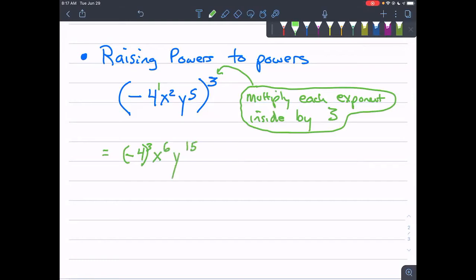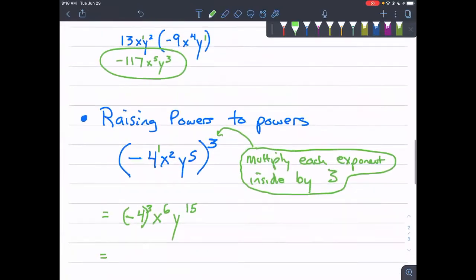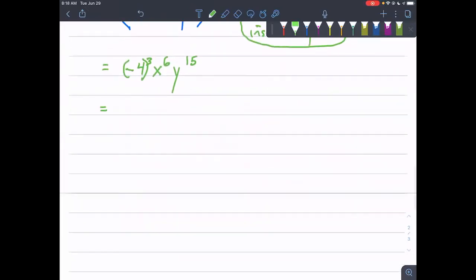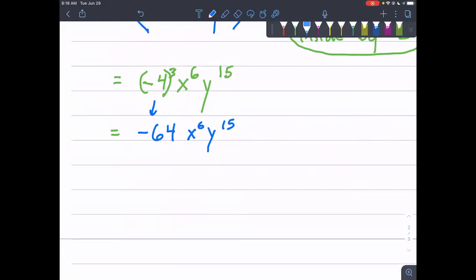So multiplying each exponent, the 2 times 3, the 5 times 3, that's how we get the 6 and the 15. And all I did on that last step is expand the negative 4 to the 3rd. Negative 4 times negative 4 times negative 4, you end up with negative 64.